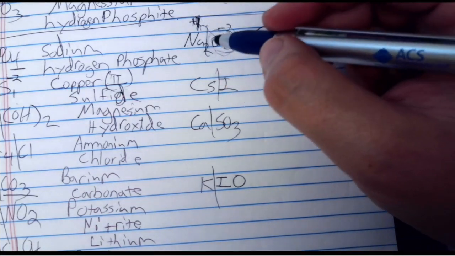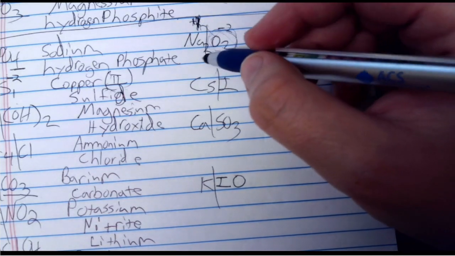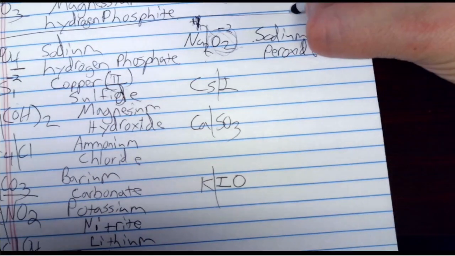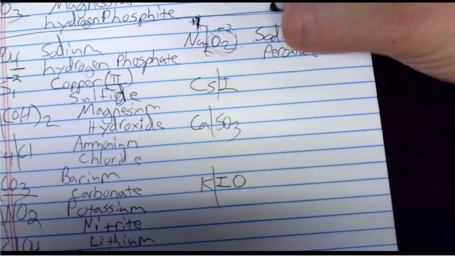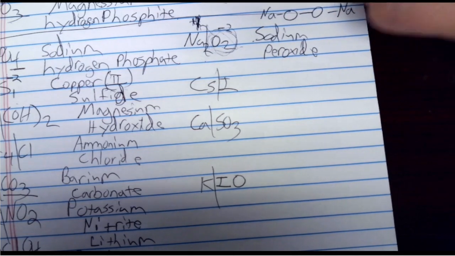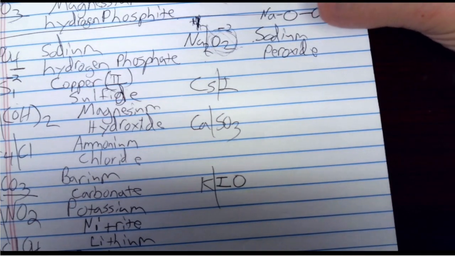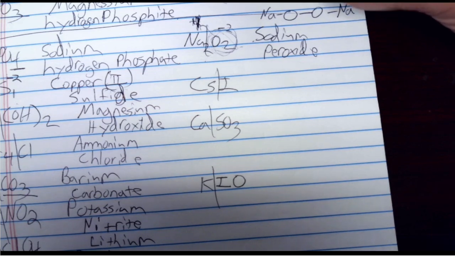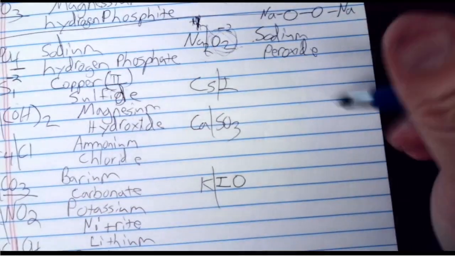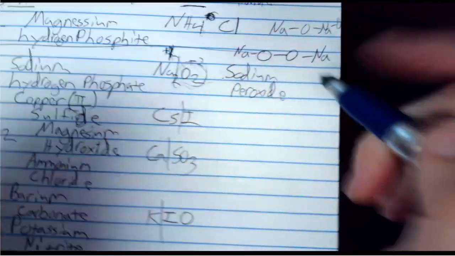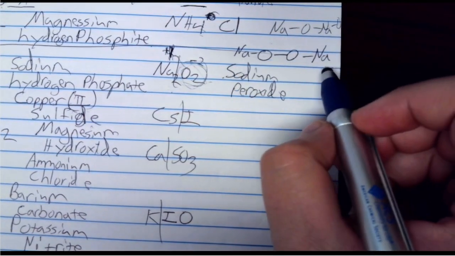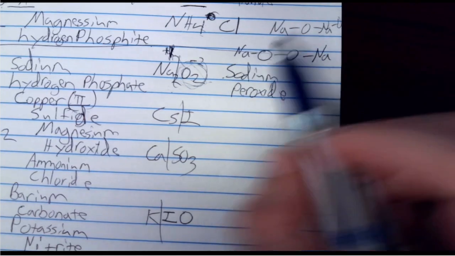Otherwise, you'd be just Na2O or NaO. But because it exists like this, you have Na, OO, Na, instead of a repeating pattern of NaO, NaO. It's A, B, B, A, instead of A, B, A, B, A, B, A, B.